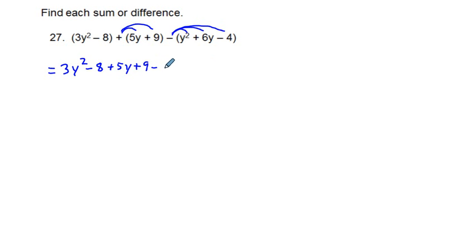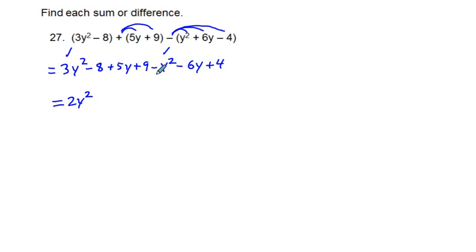We have minus y squared minus 6y, and finally plus 4, minus negative 4. So combining like terms, first we look at the y squareds. We have 3y squared minus y squared, which is going to be 2y squared.